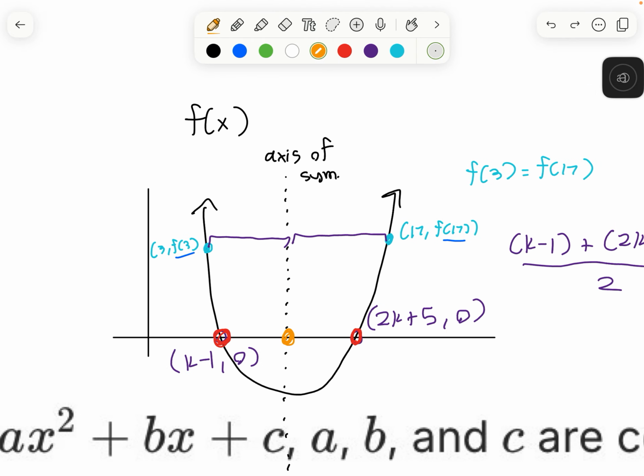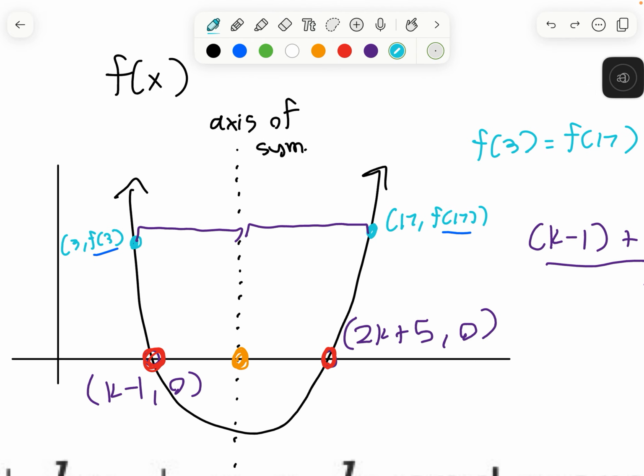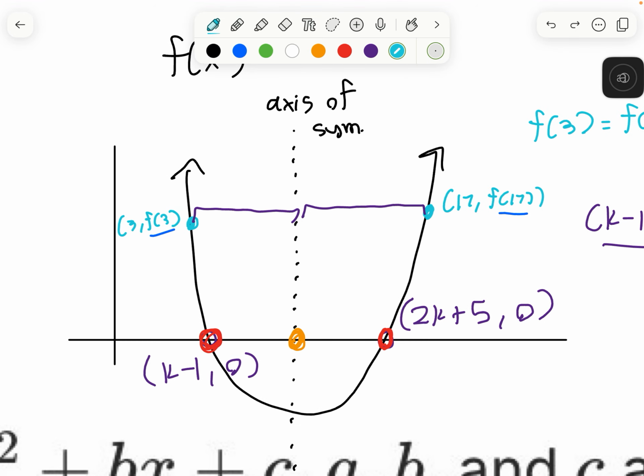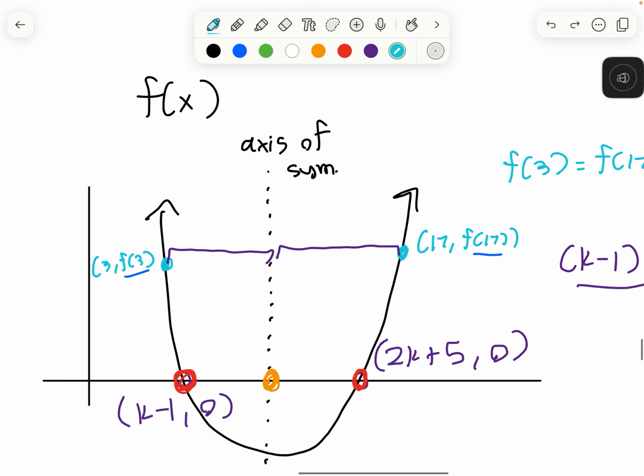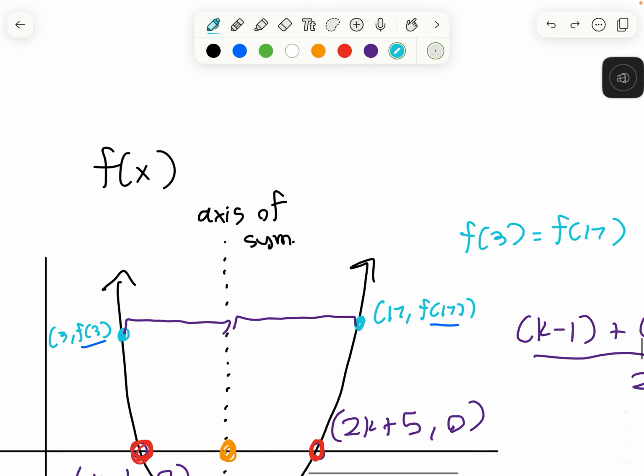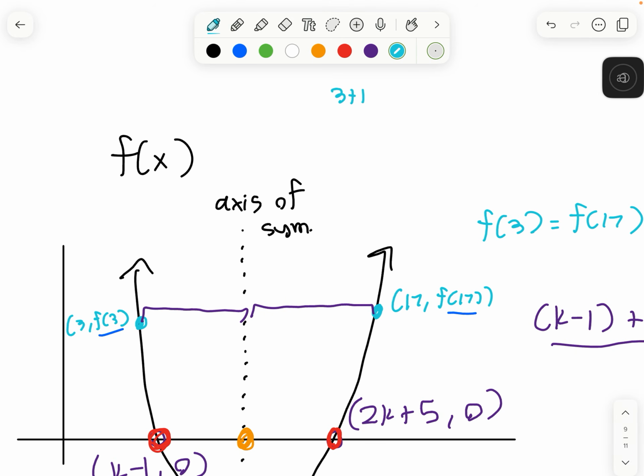So now that we know that, what is the midpoint between this and this? Well, in terms of x, if you apply the midpoint formula, you have a 3 and a 17. So if you do 3 plus 17 divided by 2, you get 10.